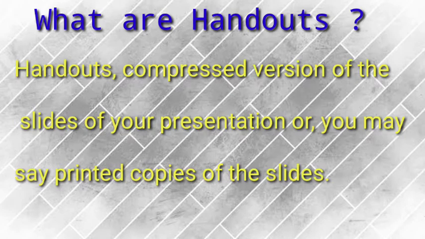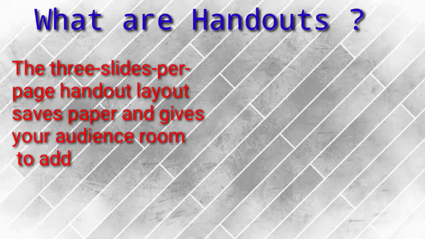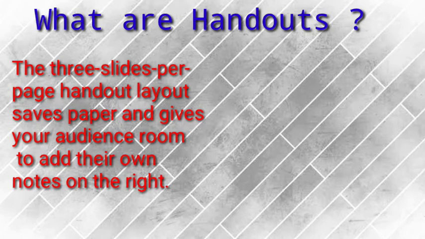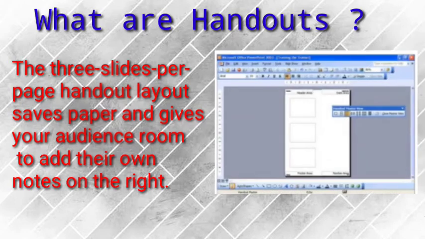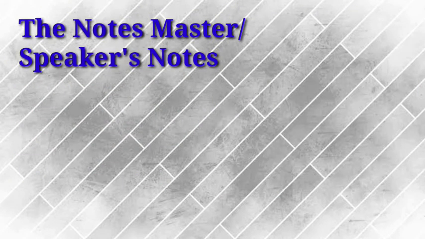Basically, the handout of 3 slides is said to be a perfect handout. You can see the figure here in which 3 slides are mentioned and space is provided to note down points, or the audience, if they want, can note down some points of the presentation which they are looking at on the screen.